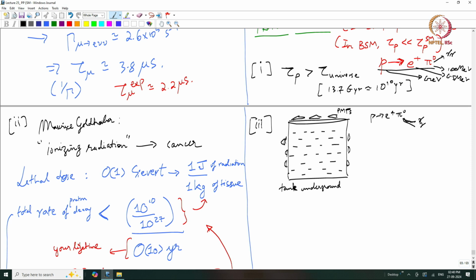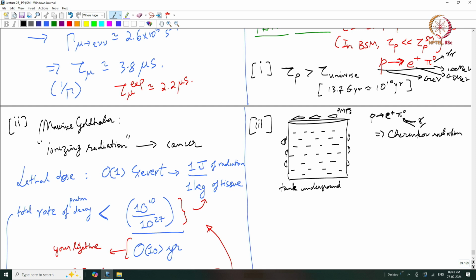But also the e+ will be moving very energetically. In particular, it will be moving at relativistic speeds, right? So all of this will give you Cherenkov radiation, because you will have particles moving faster than the speed of light in that medium, in the water medium in this case.